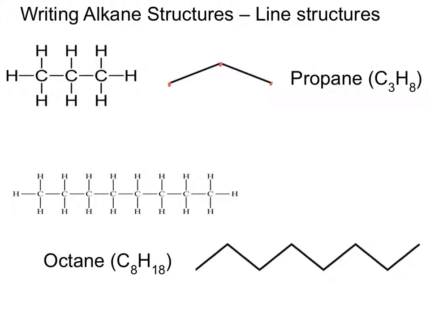Octane, C8H18, has 8 carbons. Oct is our root for 8. And in fact, we see 1, 2, 3, 4, 5, 6, 7, 8 carbons in our skeletal structure.